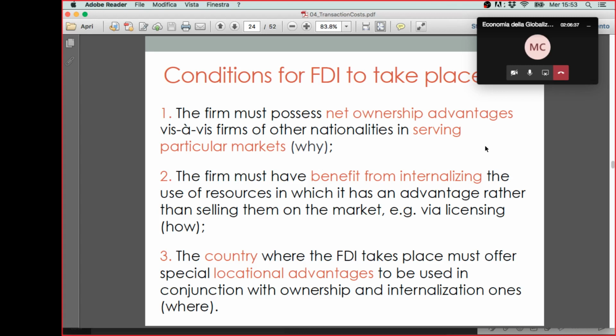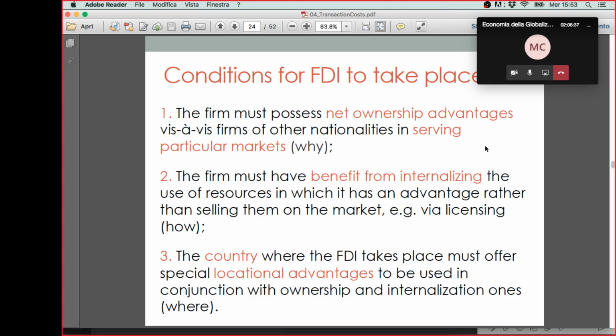So you must operate in a sector that makes the use of the market mechanism very costly, and therefore makes it convenient to internalize this activity. This explains how you decide to do it, and why you use foreign direct investment.